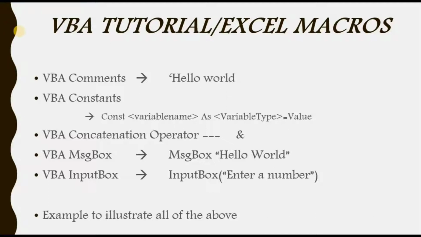Similarly, VBA constants. In some instances, there are variables named constants, where we cannot change that particular variable's value at any part of the code. Suppose in finding the area of a circle, the formula is pi r square. In that, pi is a constant. If you declare pi as a constant, then you cannot modify the value of pi till the end of the program.